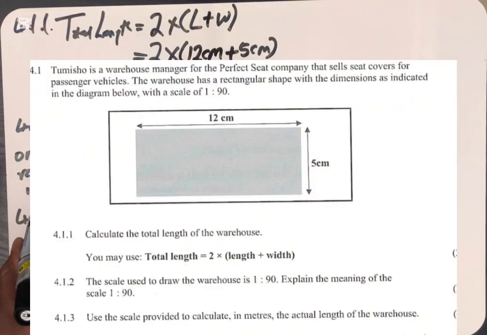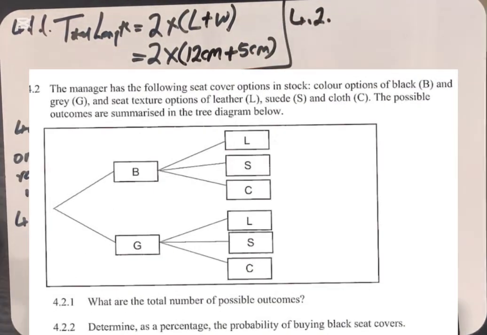Then 4.2, it says that the manager has the following seat cover options in stock. Color options of black and gray. You only have black and gray. Then the texture options, we have leather, suede and cloth. You have 3 options for the texture.